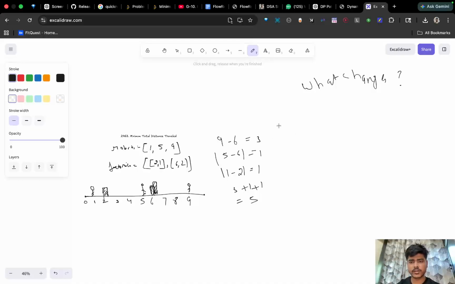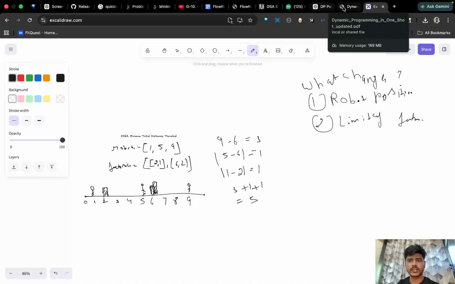The first thing is the robot position, and the second thing is the limit of factories. Initially the factory at position number 6 had limit 2, then it fixed one robot, then the limit became 1, then another robot, and the limit became 0. So there are two things that are changing: robot position and limit of factories.